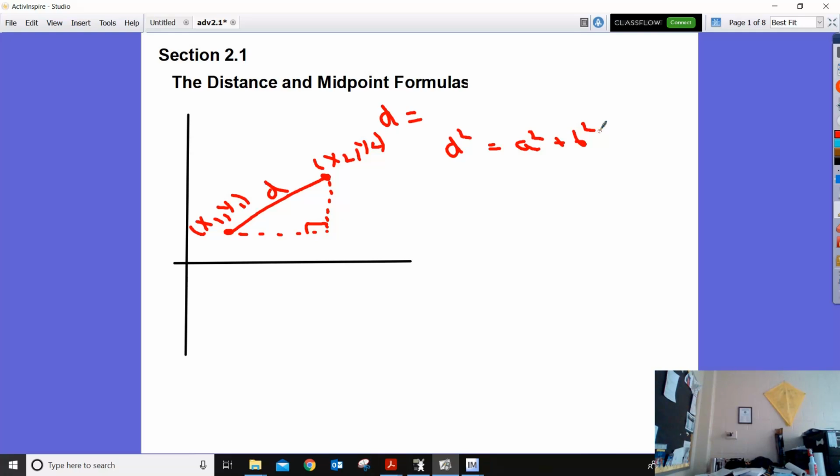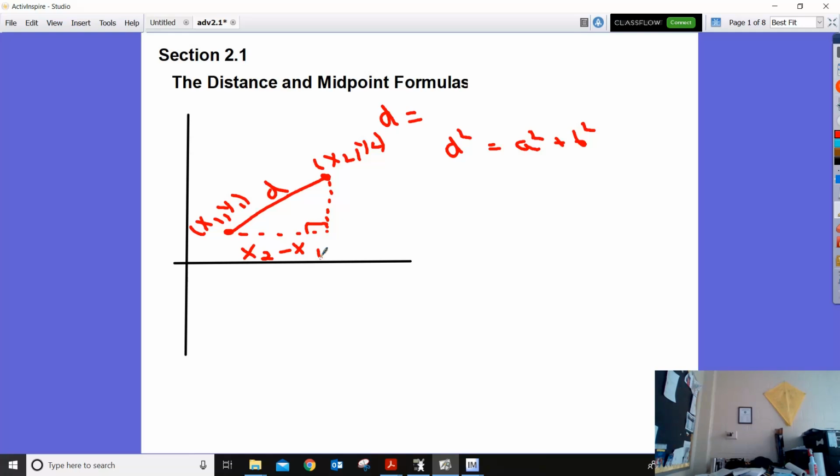If this was 5 and this was 2, how long would this be? 3. What did you do? You took away this guy from that guy, didn't you? This is x2 minus x1. That's what it is, isn't it?